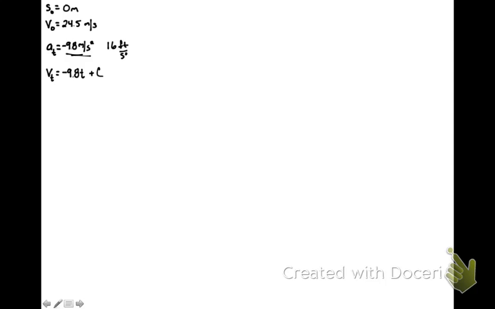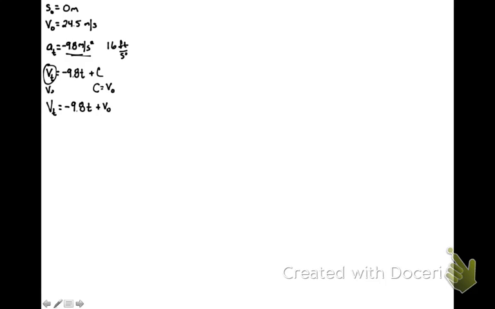And this constant I can solve for when I set t to 0, because when t is 0, then v of t is the initial velocity, and I already know the initial velocity, so that means that the constant in this case is always the initial velocity. So a velocity function must always be equal to negative 9.8 t plus the initial velocity.